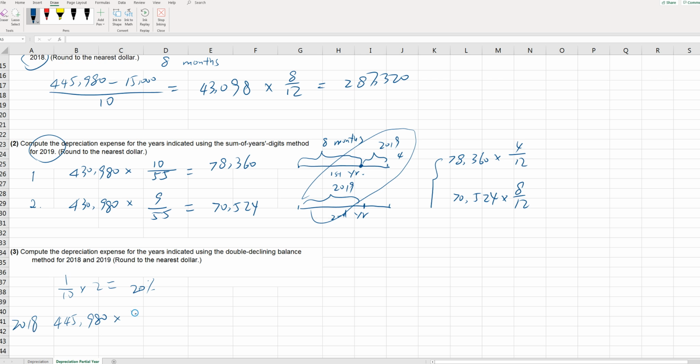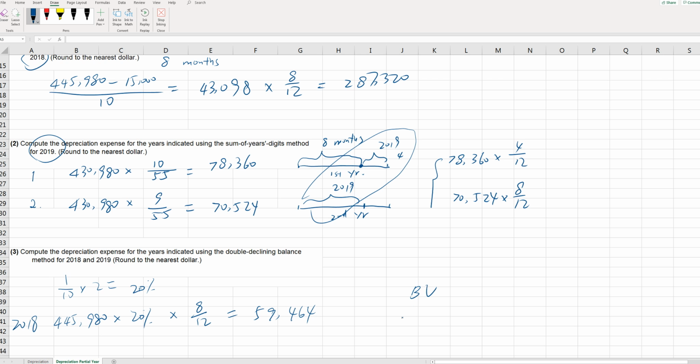We're going to start with the cost, multiply by the 20% depreciation rate, and for 2018 it's going to be 8 months, so we multiply by the year fraction. So we're going to get $54,464 depreciation expense for 2018.